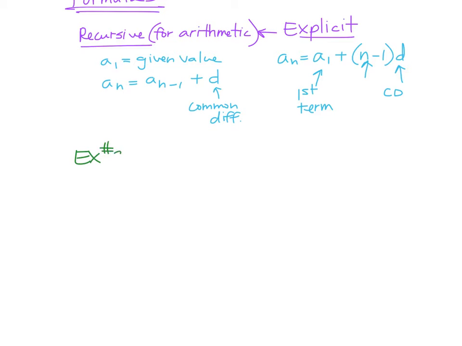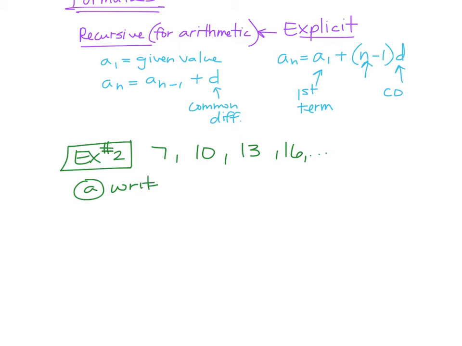Example number 2. Let's say you have this set of numbers, 7, 10, 13, 16, and so on. For the first thing, we're going to say write a recursive formula. So recursive always starts with what? A sub 1, right? Always with your first term.